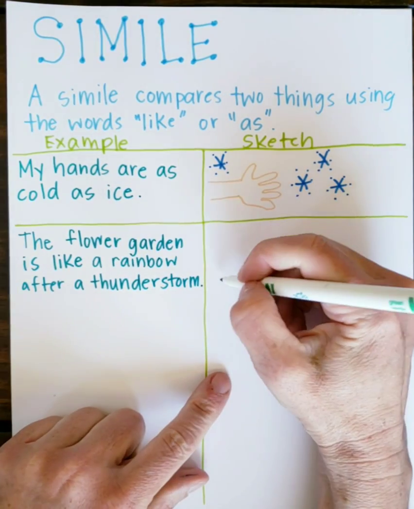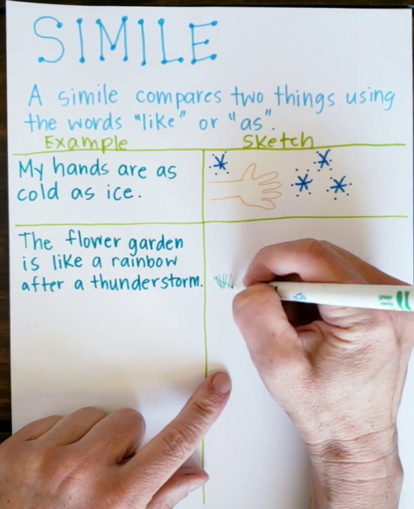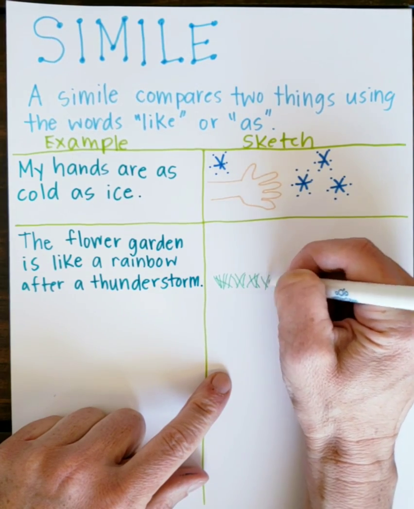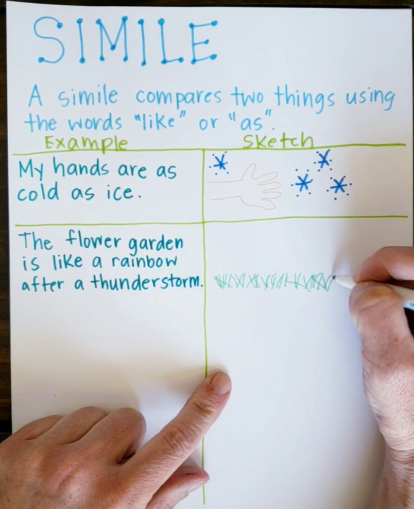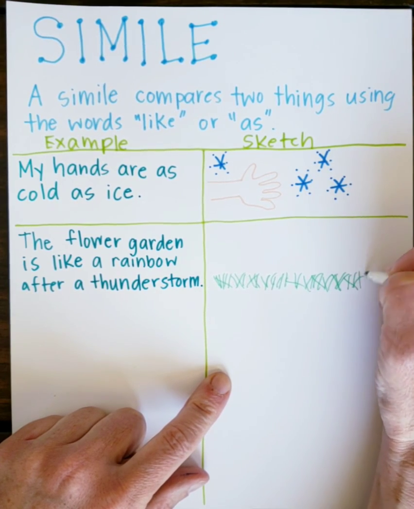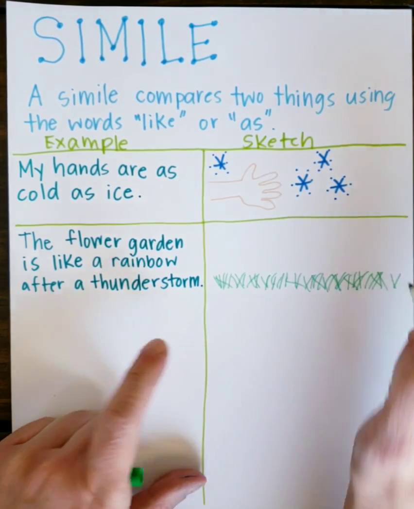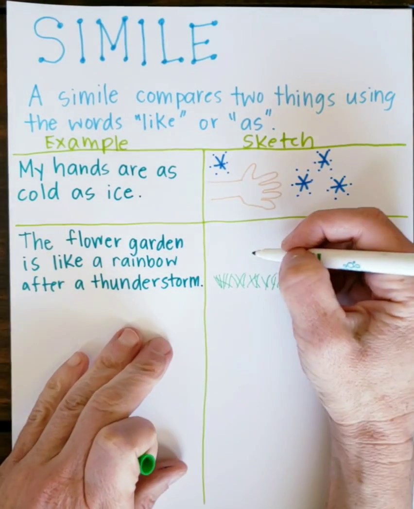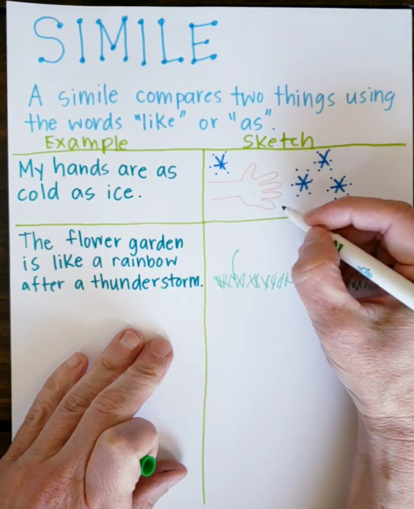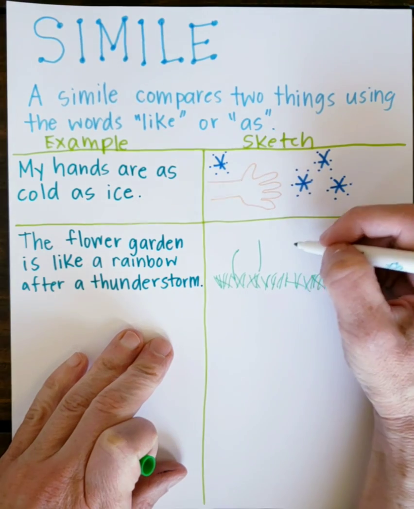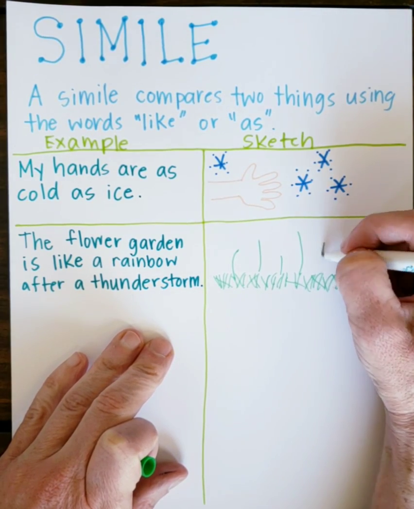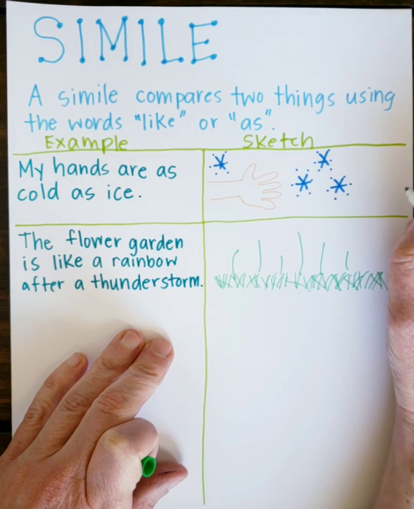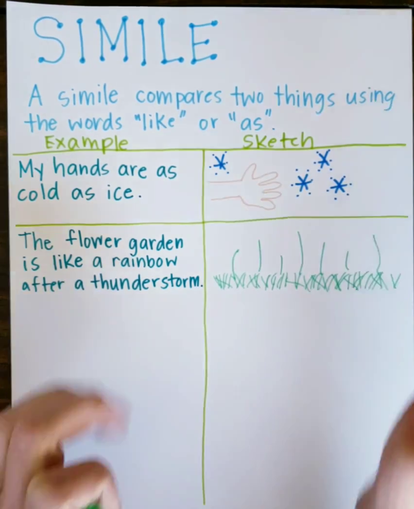So here it is. I'm gonna start with some grass. Here we go. And like I said, if you want to come up with your own examples, you can, or you can just copy mine, or you can also just feel free to watch these examples and then we'll apply them in a poem again.